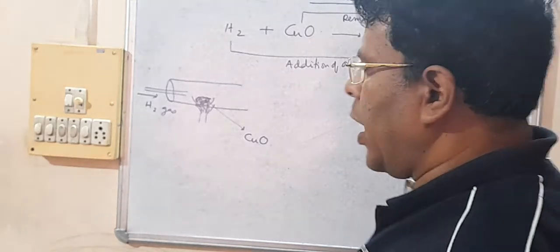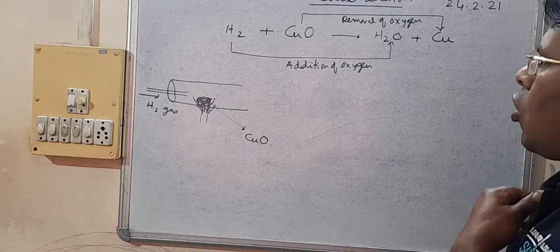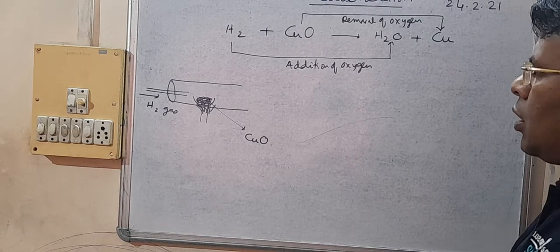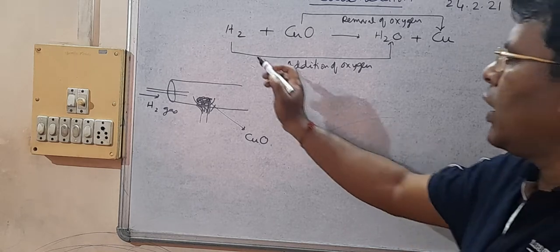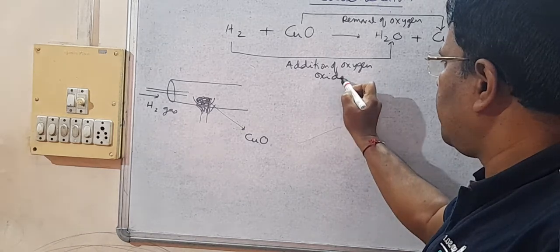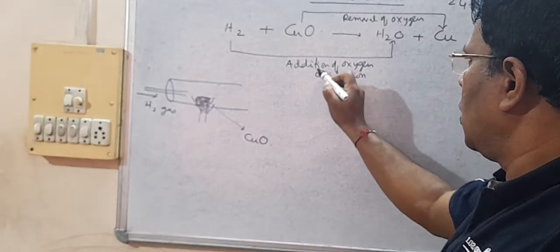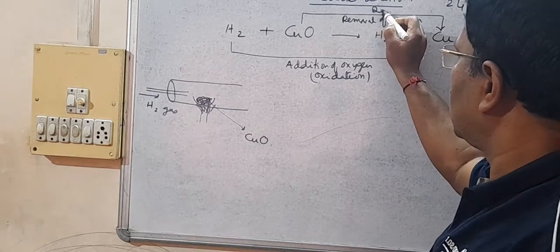Now you have read in your previous class about oxidation and reduction. There you have learned that addition of oxygen is oxidation, removal of oxygen is reduction. So we can say that this process is oxidation and this process is reduction.